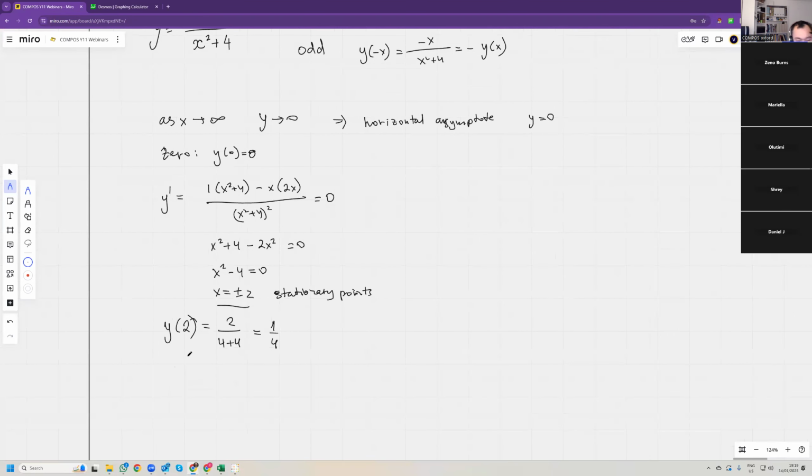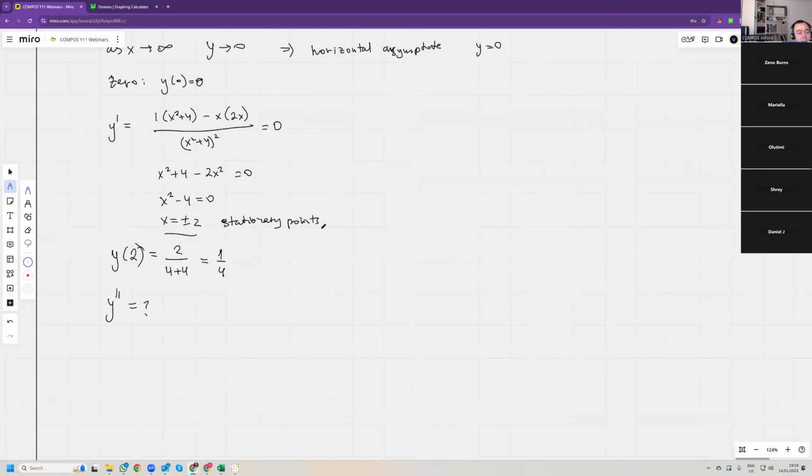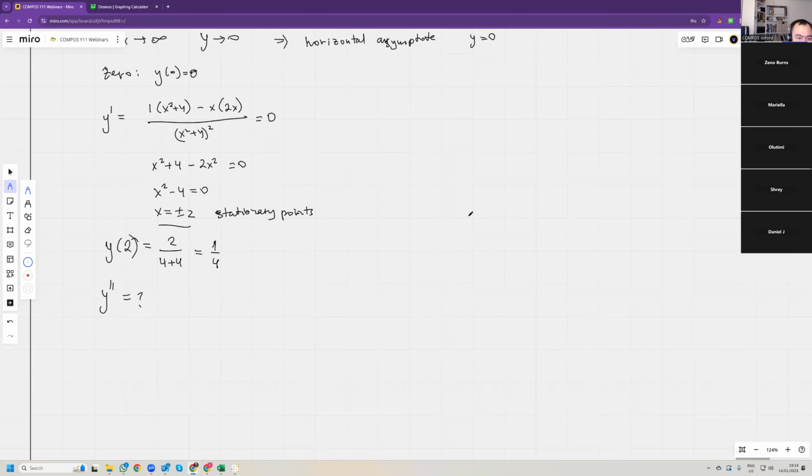Finally, I would also find the second derivative to find where the points of inflection are, but I'm not going to do this. I'm running out of time. I really need to go in a few minutes.